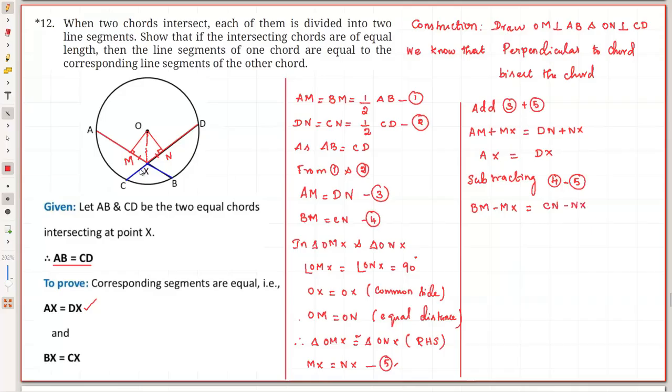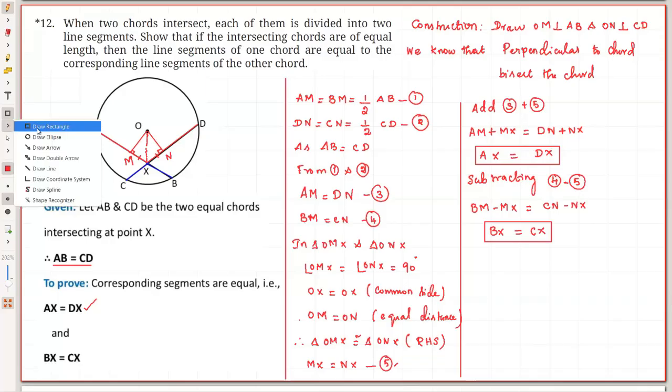Check the diagram. This is BM minus MX, so we are getting BX. So BX is equal to CN minus NX, and we are getting CX. That is what we have to prove. First, AX is equal to DX. Second, BX is equal to CX. We got the proof.